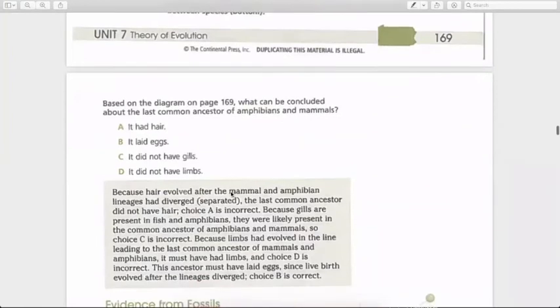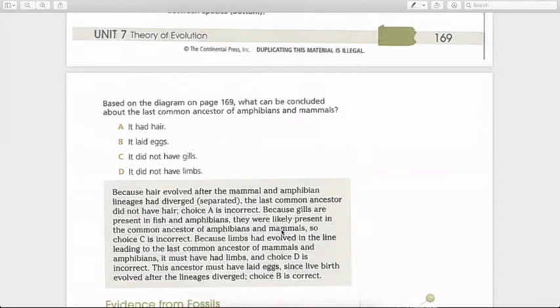Because hair evolved after the mammal-amphibian lineage had diverged, the last common ancestor did not have hair. So not A. Because gills are present in fish and amphibians, they were likely present. Okay, so I'm not an amphibian expert. I got that one wrong. The amphibians I know of absorb air through their skin.